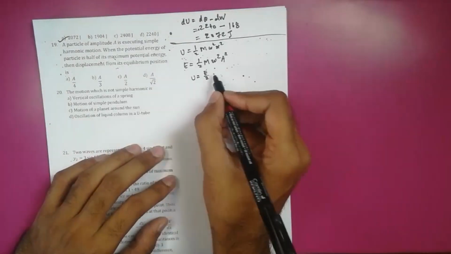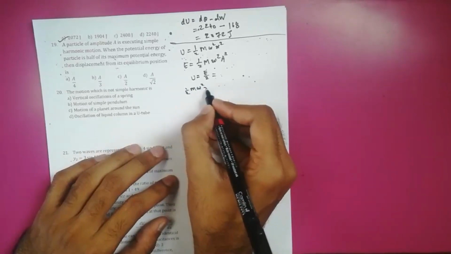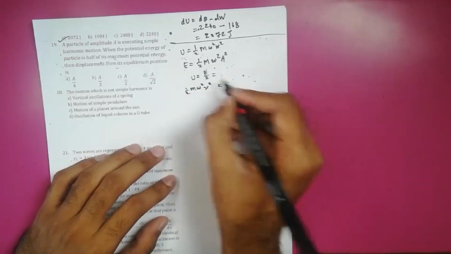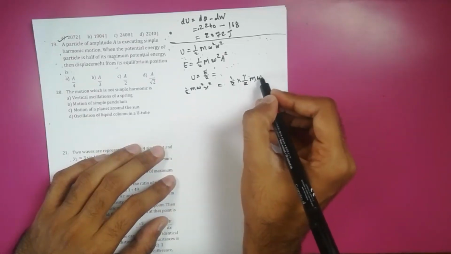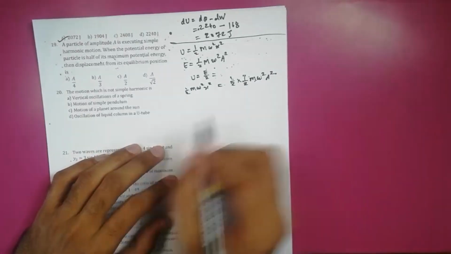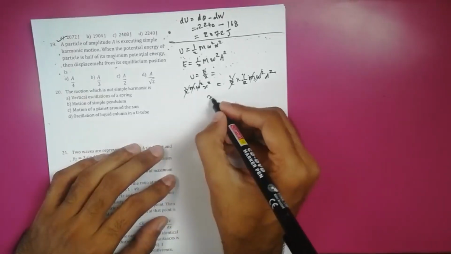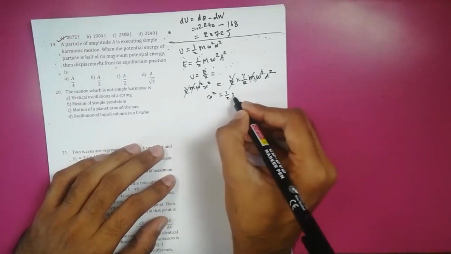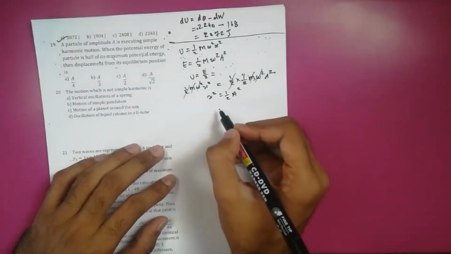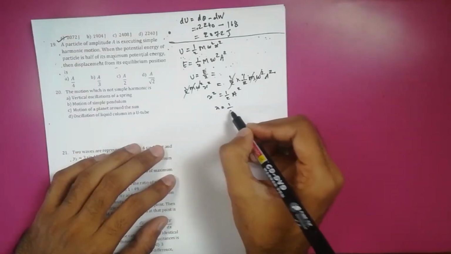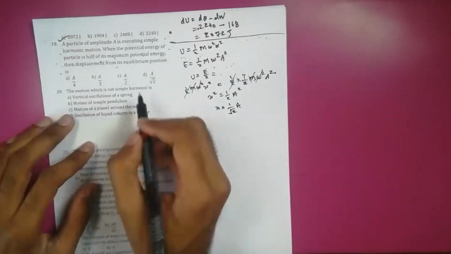You get x square is equal to half a square, which is nothing but x equals 1 upon root 2 a, which is a by root 2. So the displacement that the particle has to make to have half of the maximum energy is given by the maximum amplitude divided by root 2.